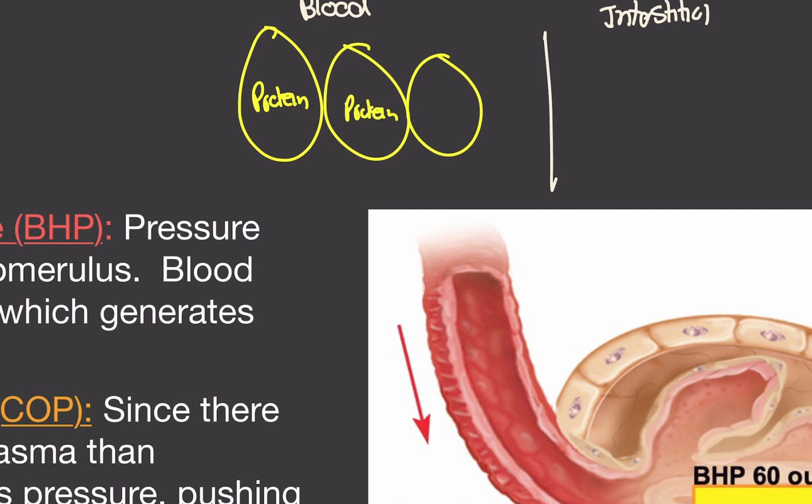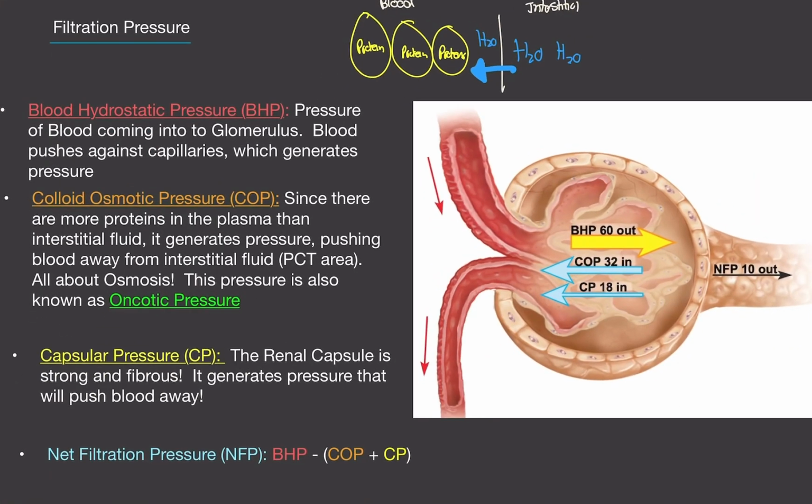By the power of osmosis, water wants to be pulled in this way, because this is what osmosis does. It's the movement of water towards an area of higher solute, the solute being protein. So this pulling of water is what generates something called oncotic pressure.